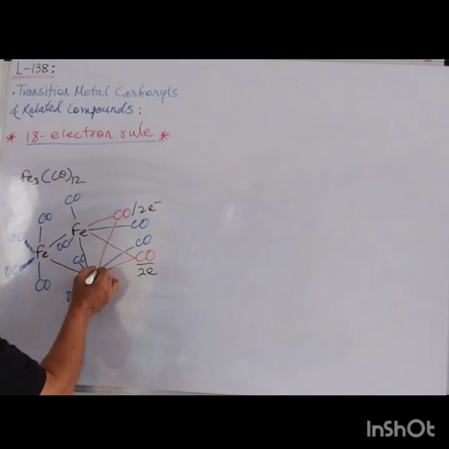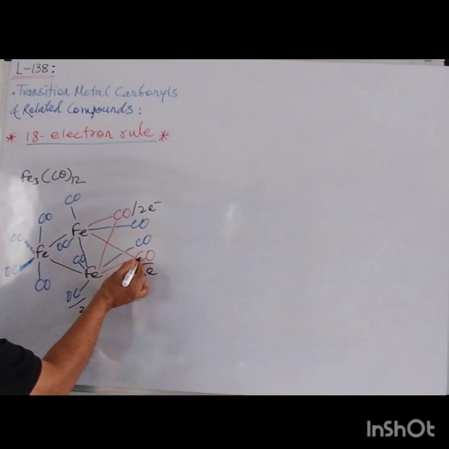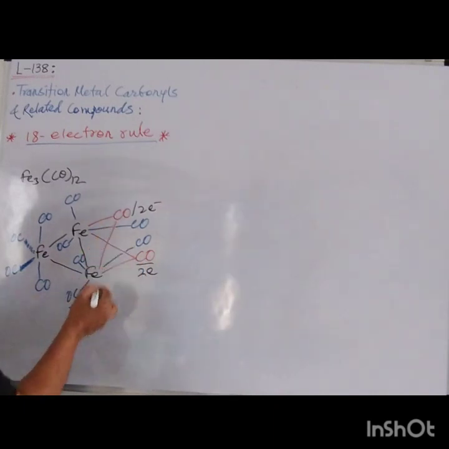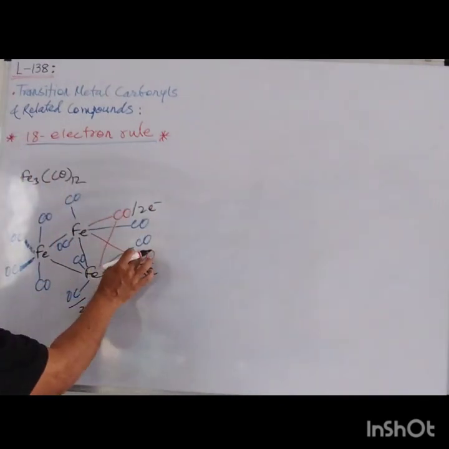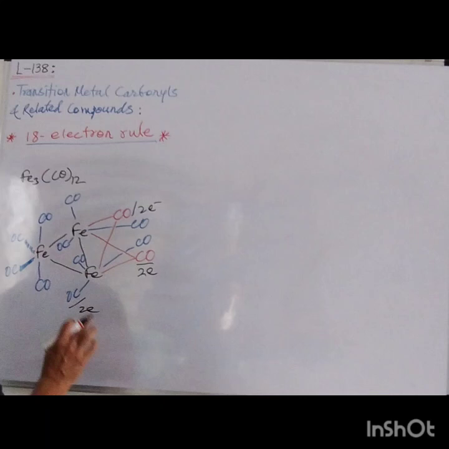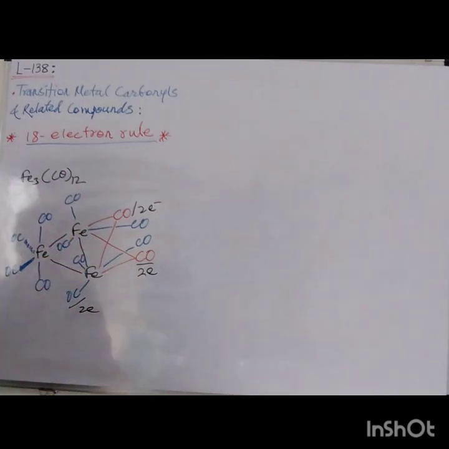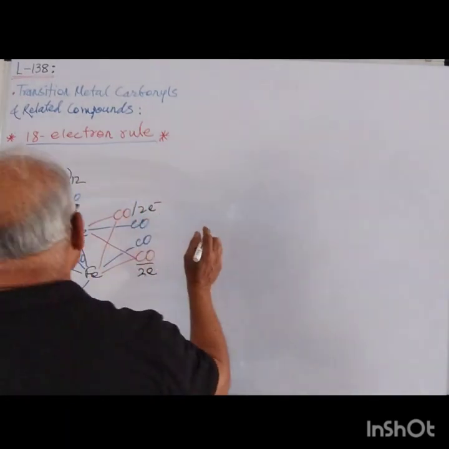This CO will contribute 1 electron to this and 1 electron to this. So ultimately for each bridging CO, there are 2 Fe's, and the 2 Fe's will contribute 1 electron each. So we can calculate it as a ratio in a simple form like this.